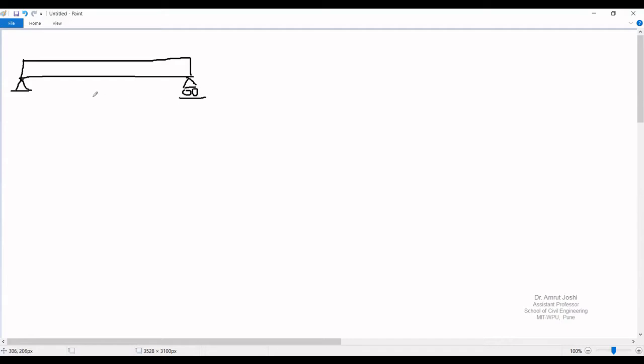What do I mean by prismatic beam? Prismatic beam means shape and size of the cross section does not change along the length of the member.